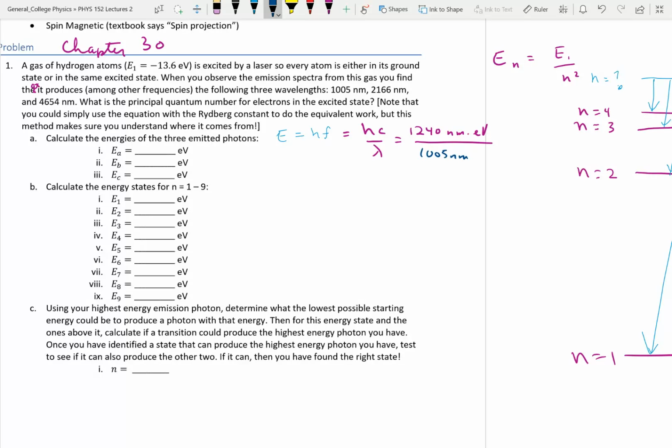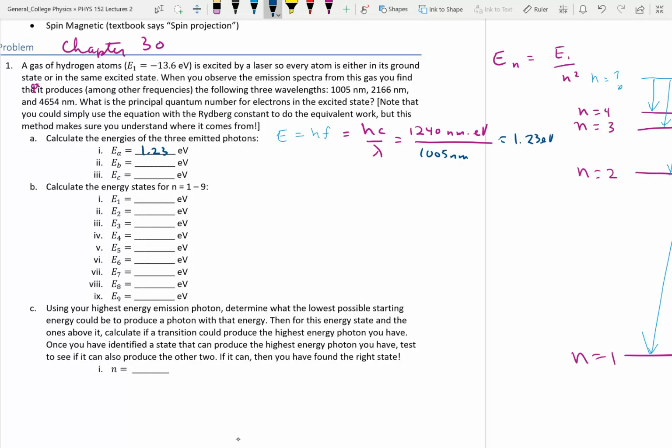And so using that 1240 value, with this one here, it's 1.23 electron volts.